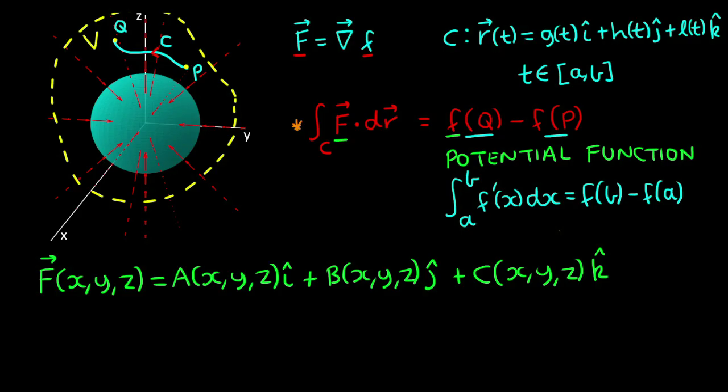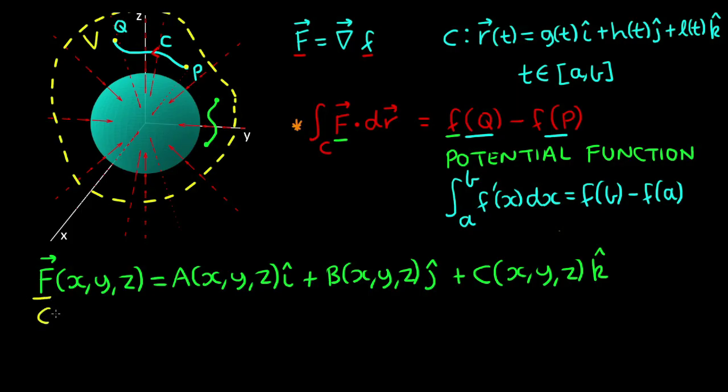And these components are continuous throughout an open connected region V in 3D space, as shown here. And by connected region, we mean that any 2 points in the region can be joined by a piecewise smooth curve that lies in the region.